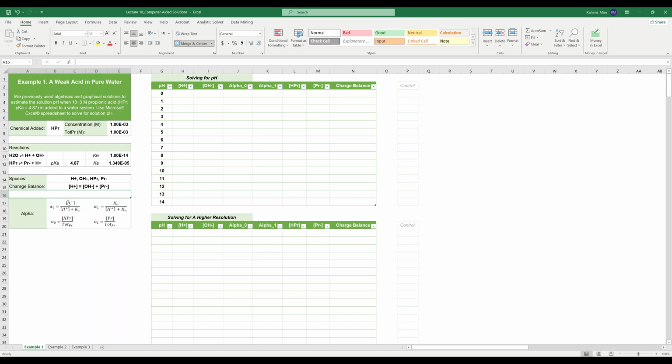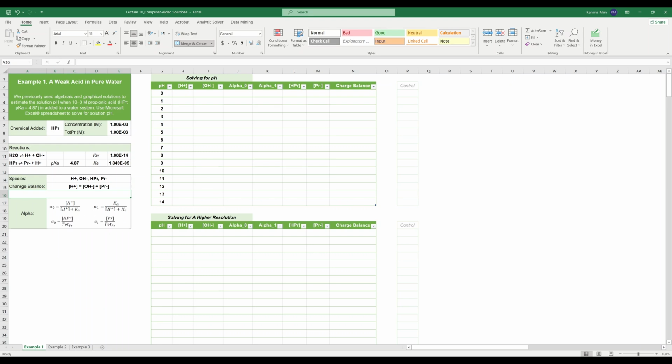Alpha 0 is equal to the concentration of proton divided by this term, and alpha 1 is the Ka value that we already have divided by this denominator, which is the same for alpha 0 and alpha 1. And we talked about this in class, that alpha 1 plus alpha 0 for monoprotic acid is equal to 1.